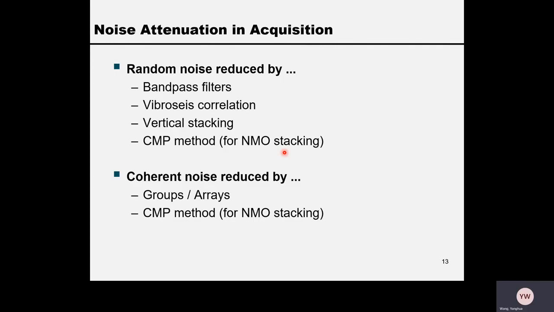Vertical stacking is another concept. Vertical stacking means at the same position, you have multiple receivers, multiple geophones, multiple hydrophones, and you sum them together based on linearity and time invariance.